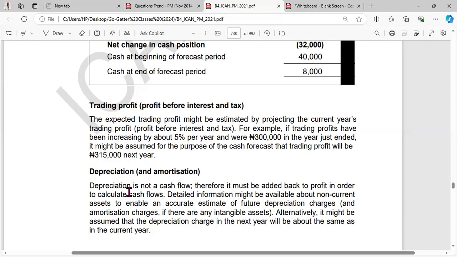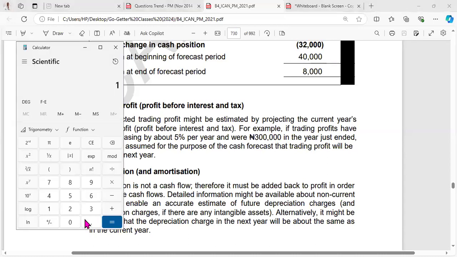For example, if trading profits have been increasing by 5% per year, and if it were just 300,000 in the year that just ended, you can decide to say, since I have observed that my profit increases by 5%, if I increase last year's profit by 5%, that would be 1.05 times 300,000. That will give you 315,000 as your profit for next year.